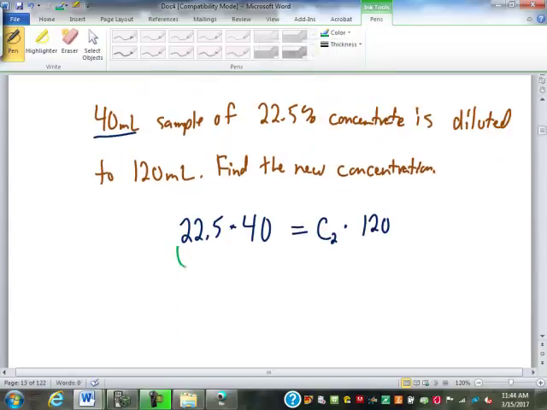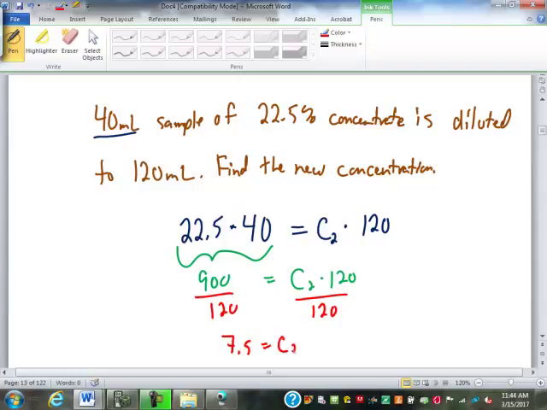So we do the 22.5 times 40, which is what, 90? 900, I should say, equals C2 times 120. And we divide by the 120, which is 7.5 is C2. So 7.5% is the new concentration.